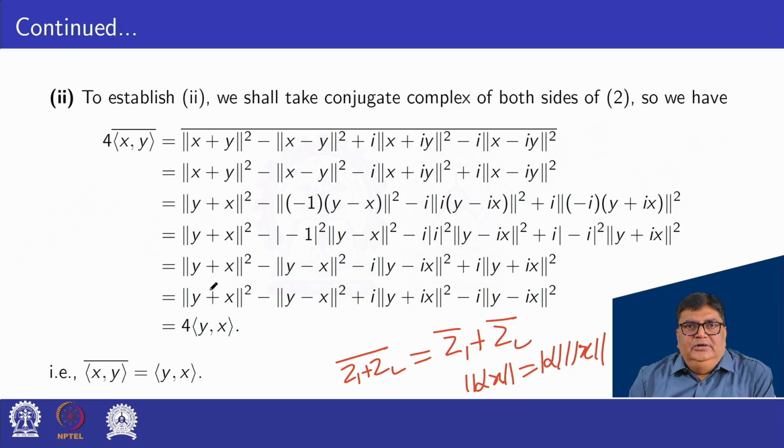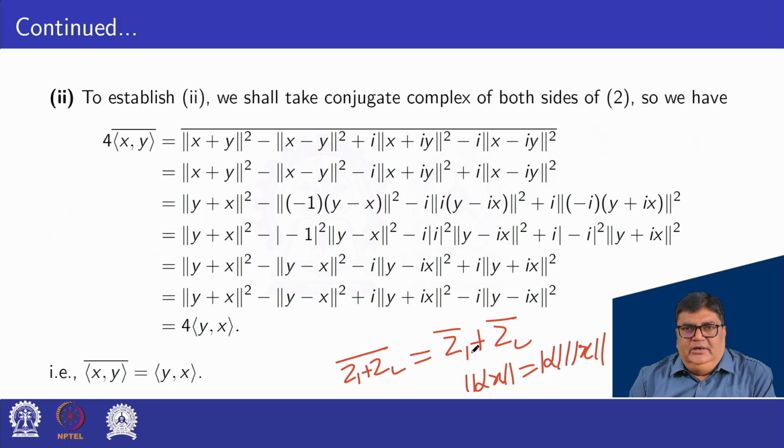Okay. So this expression can be written as norm y plus x square minus norm y minus x square plus i into norm y plus ix square minus i norm y minus ix square.